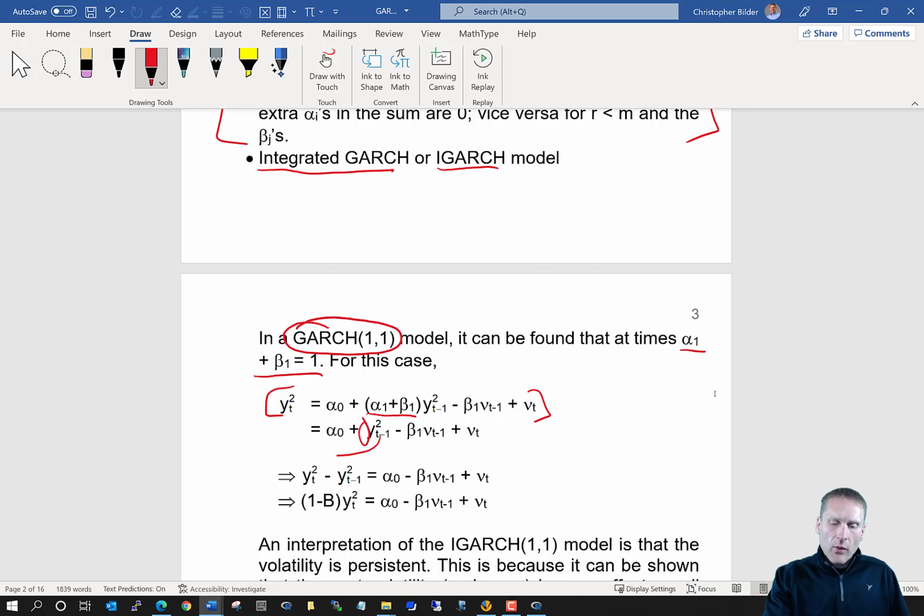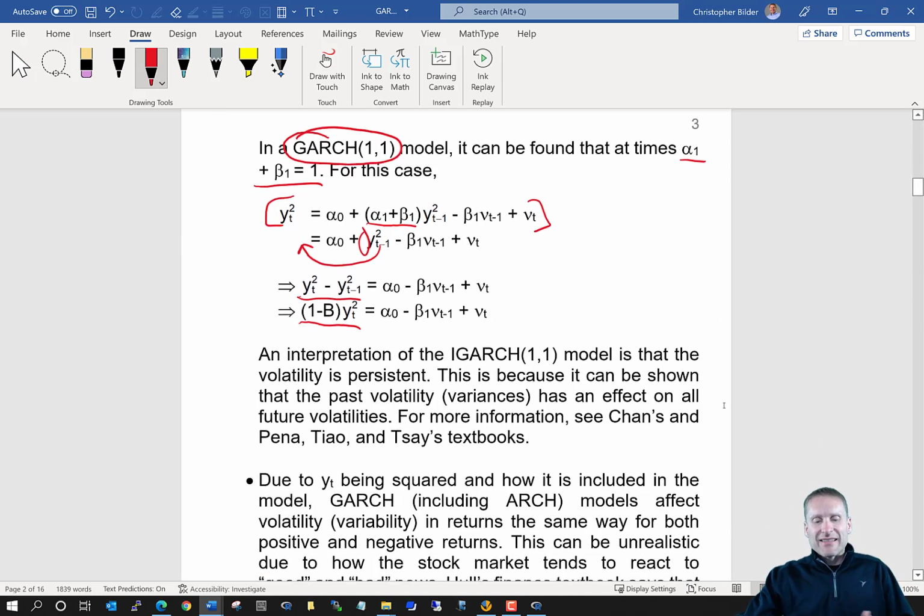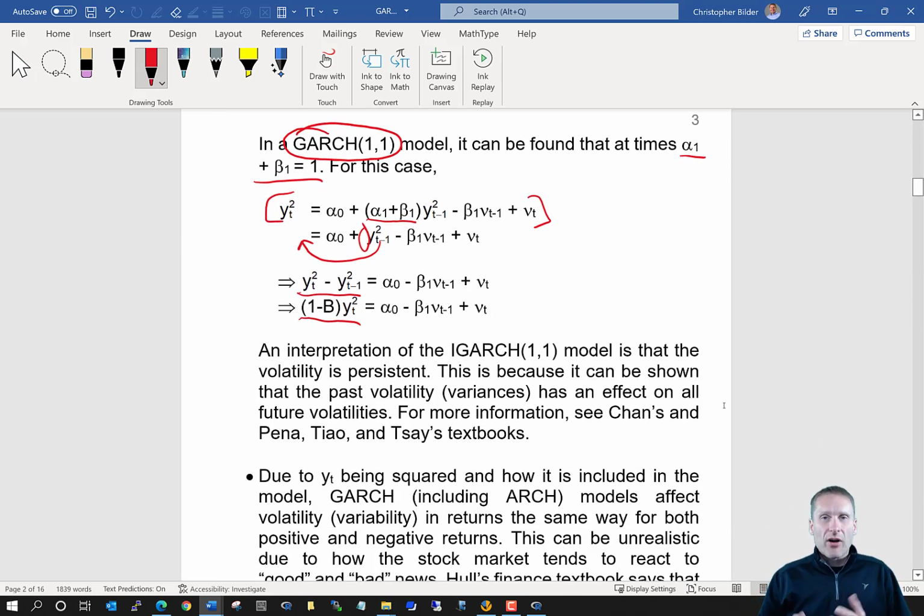I could bring this y sub t minus 1 squared over to the left side, as I do there. And now look at this. I can use a 1 minus B there for first differences. And so that's how this gets its name. The I part, the integrated part that we've seen previously for ARIMA, gets put in here with the GARCH.